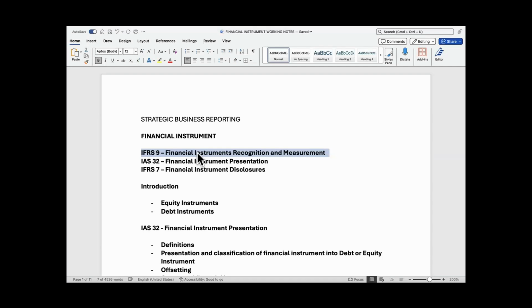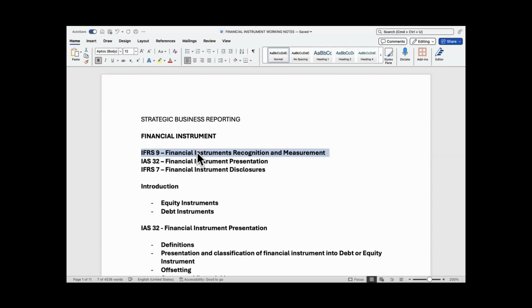If your intention is for trading or for speculation, then you are expected to classify that financial asset at fair value through profit or loss. But if your intention is to hold it for the long term, you should classify that financial asset at fair value through OCI.